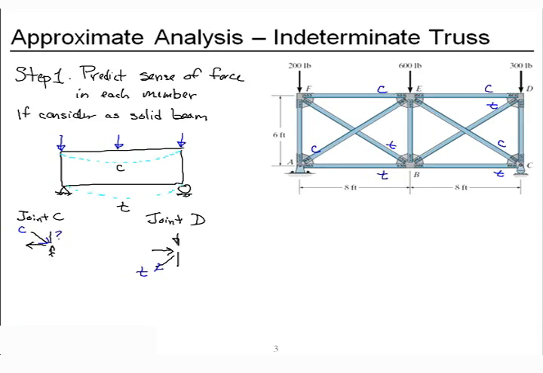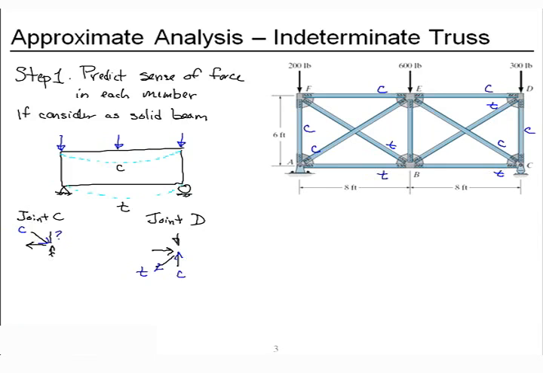All right, now what about that vertical member? I've got a downward applied load, I've got a downward force in the diagonal. Well, that leaves me no choice. Member CD has got to be up, which means it's in compression. All right, which suggests that this one will also be in compression.